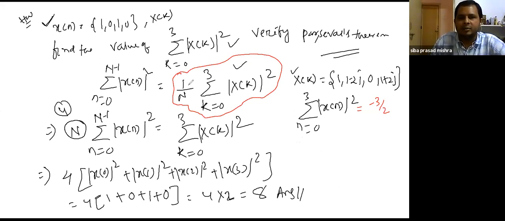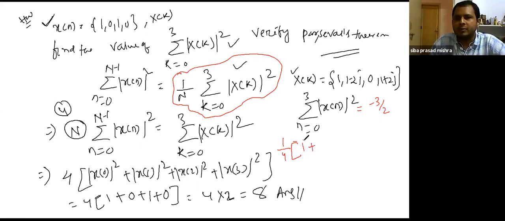Okay. Formula written now, 1 by N. 1 by N means 1 by 4, because capital N equals 4. Then summation of 0 to 3 of |X[k]|², like this. So |X[0]|² means 1 square.